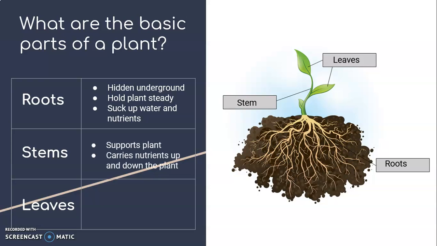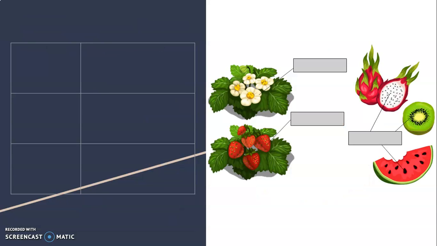Then we see that stems support the plant and they carry nutrients up and down the plant. Next, we see the leaves. They are the food factories. They make the food. They also let air in. They let water in. They catch sunlight for photosynthesis. They're also the part that we most are familiar with getting oxygen from.